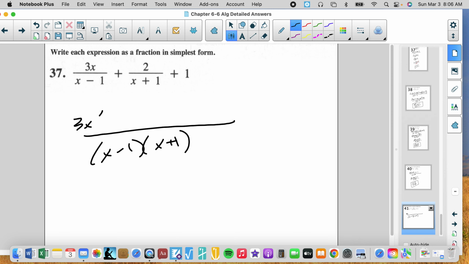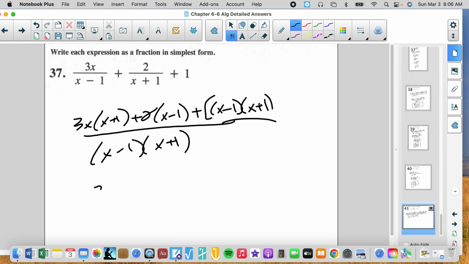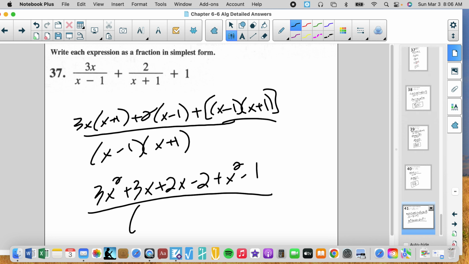You have 3x times x plus 1 plus 2 times x minus 1 plus x minus 1, x plus 1. 3x squared plus 3x plus 2x minus 2 plus, and we know what that's going to be, x squared minus 1, all over x minus 1, x plus 1.